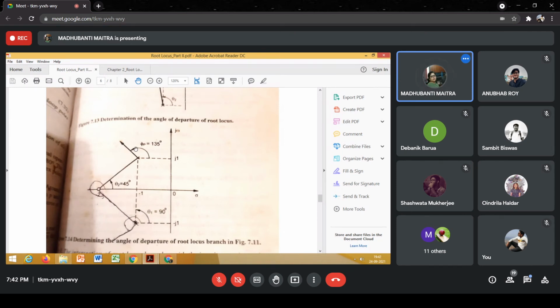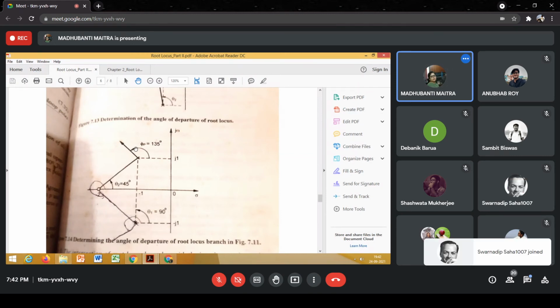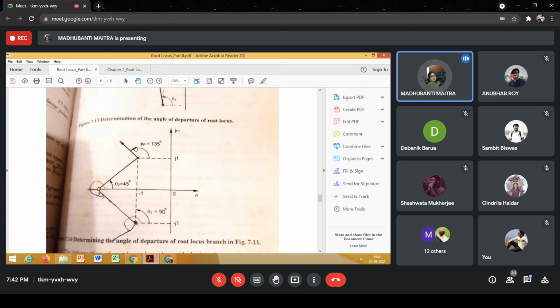Got this value? Yes or no? Hello, please respond.